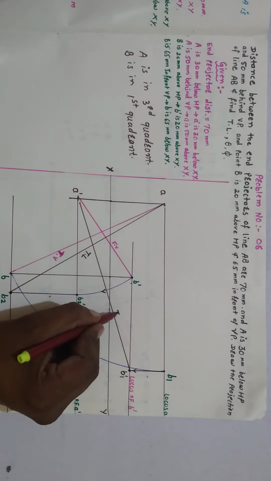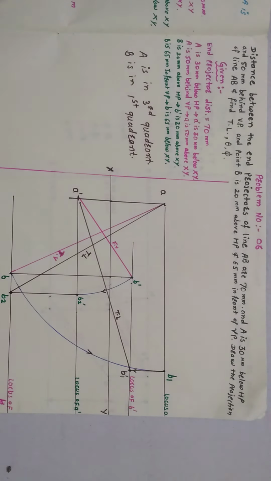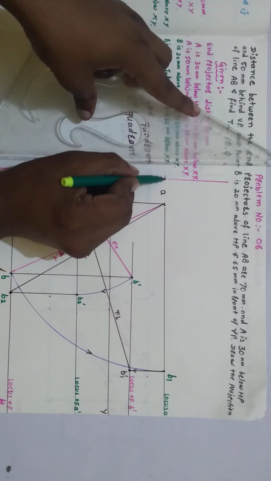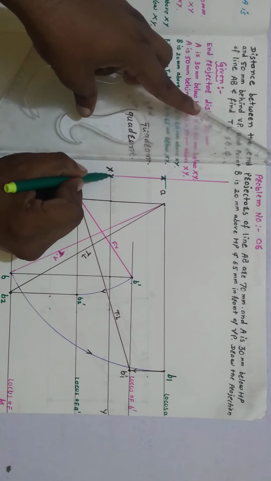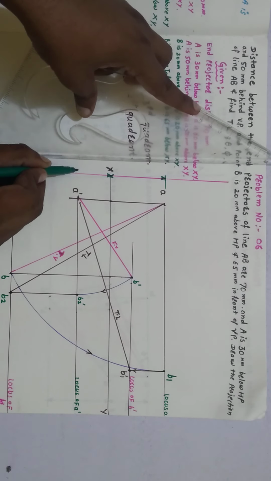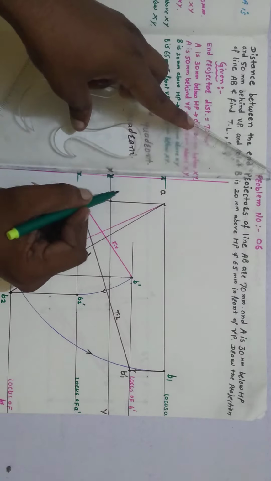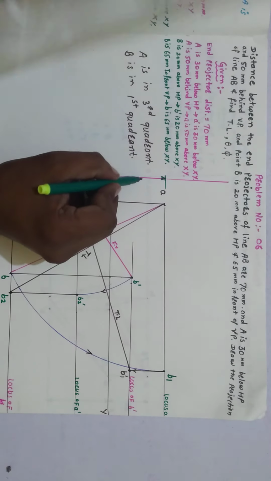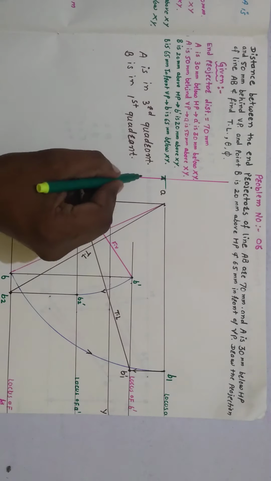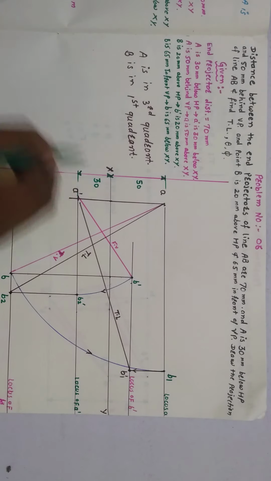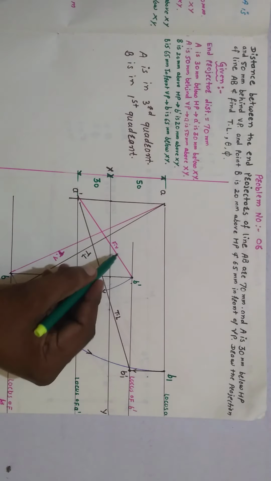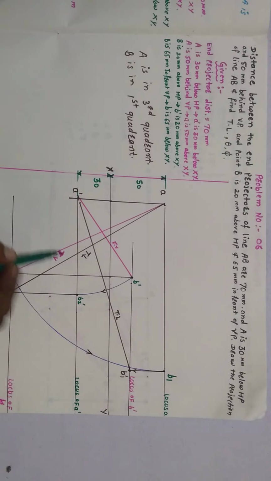This is also your true length. Now extend these lines. This distance is 50 mm and this distance is 30 mm. This is your front view, this is the top view, and these are the true lengths.